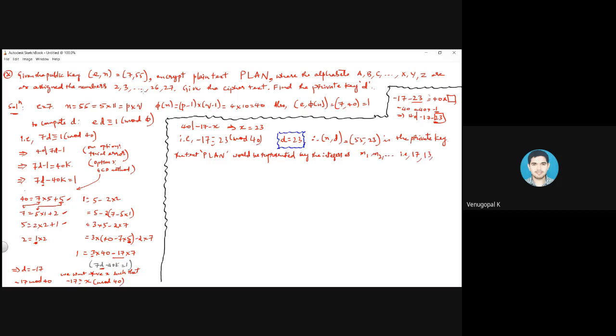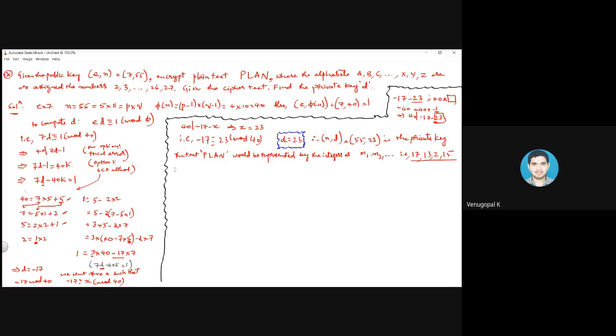A is the first letter and its integer is 2. And N is the 14th letter, so this will be 15. So this is the set of integers we want to encrypt now.